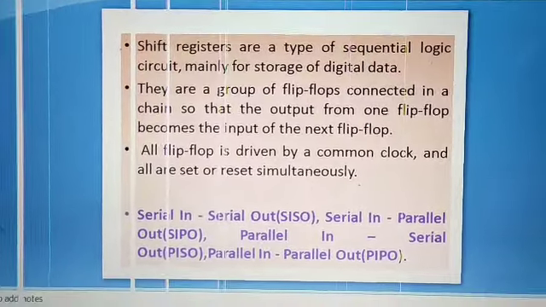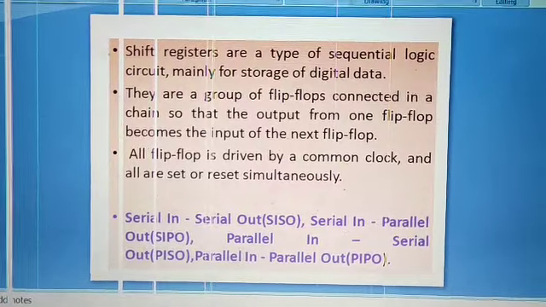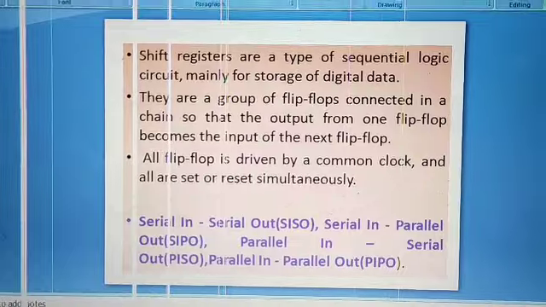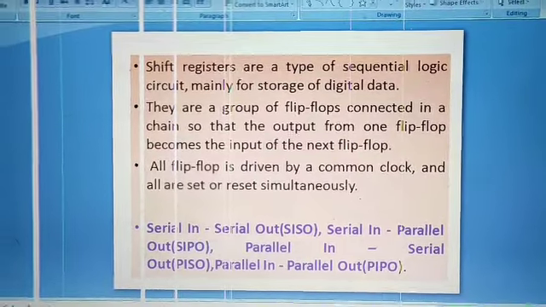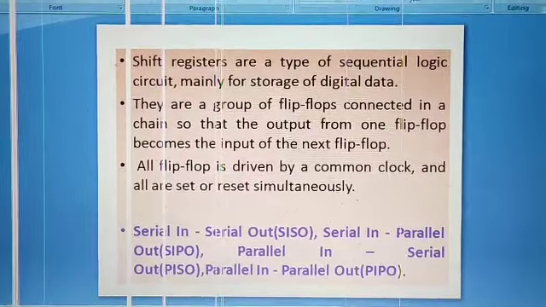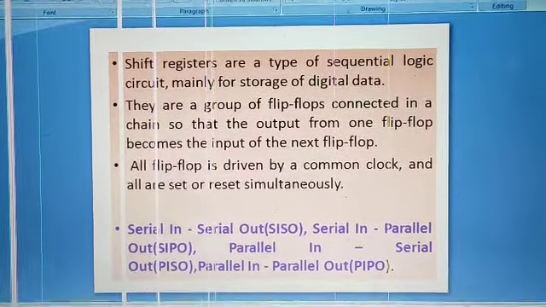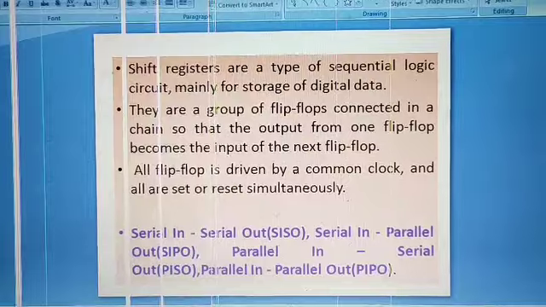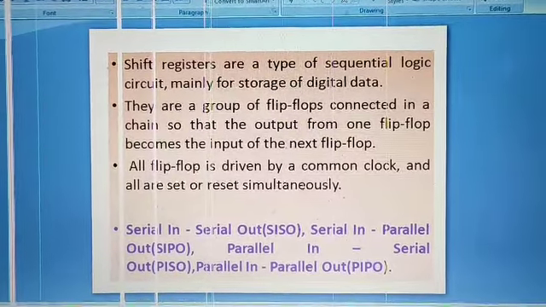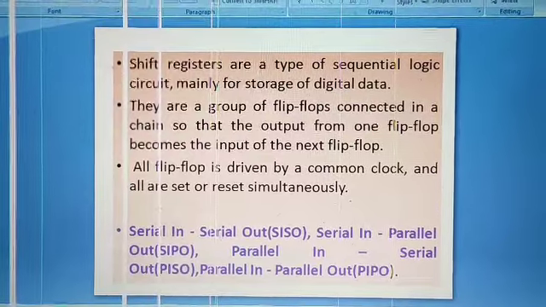Now we will discuss what shift registers are. When you speak about a register, a register is something which can store the inputs, whatever inputs you are giving. Such storage capacity will be there with the registers.